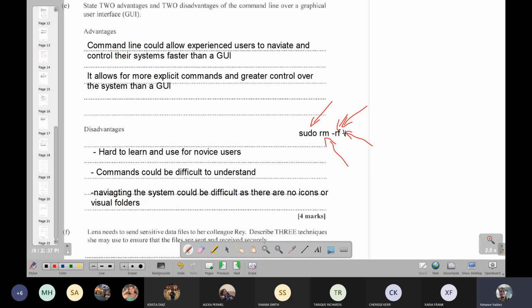So what it means is wipe without getting a prompt to ask whether you're sure you want to do that. It will remove everything from the root of your hard disk right down to the innermost folder.